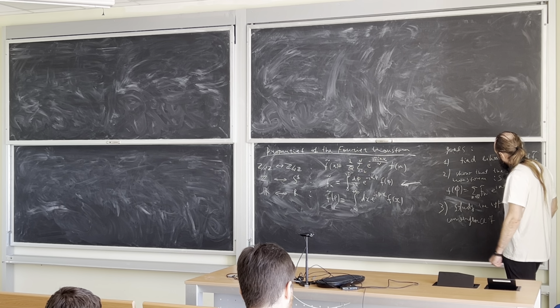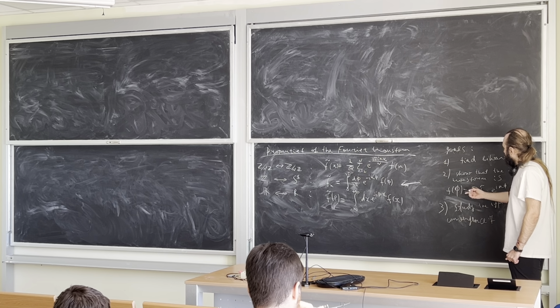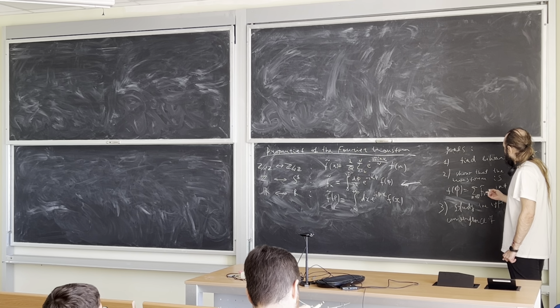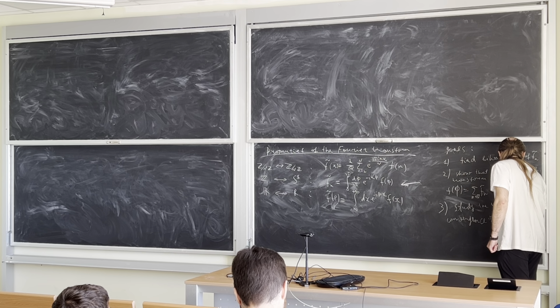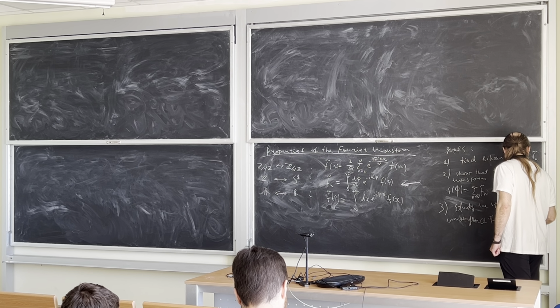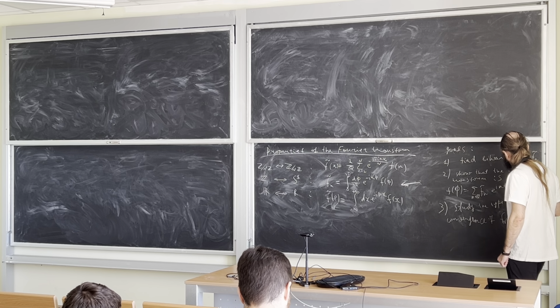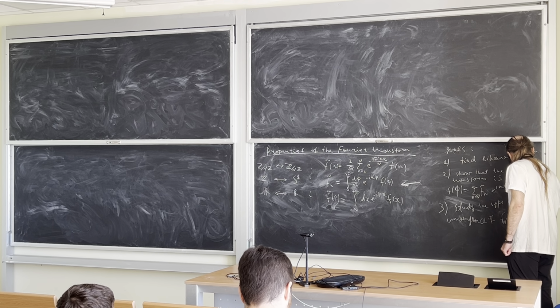We can denote it by f_N, meaning that it is a partial sum given by the sum from minus n to n.